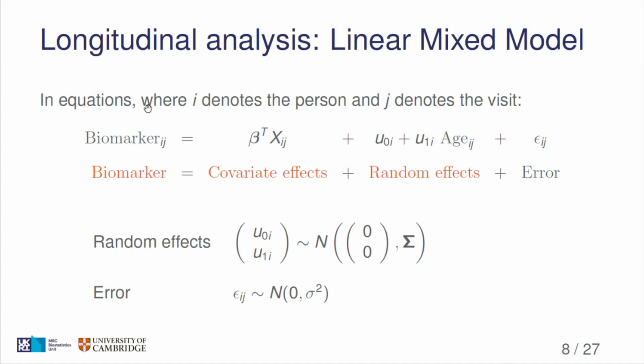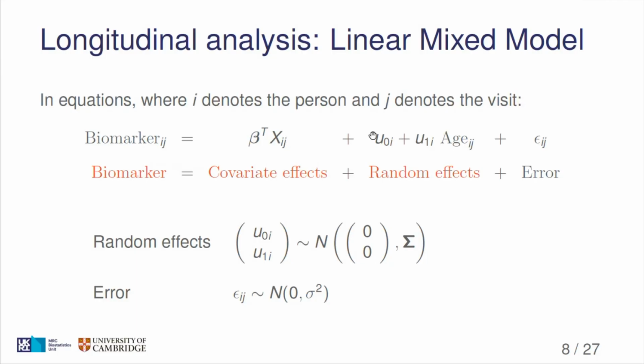Okay, and so this is that model written out in equations. We have the biomarker here, and here i denotes the person that the biomarker was measured for, and j denotes the visit or time point at which that measurement was taken. The first term is the effects of the variables that you would usually have in a linear model.